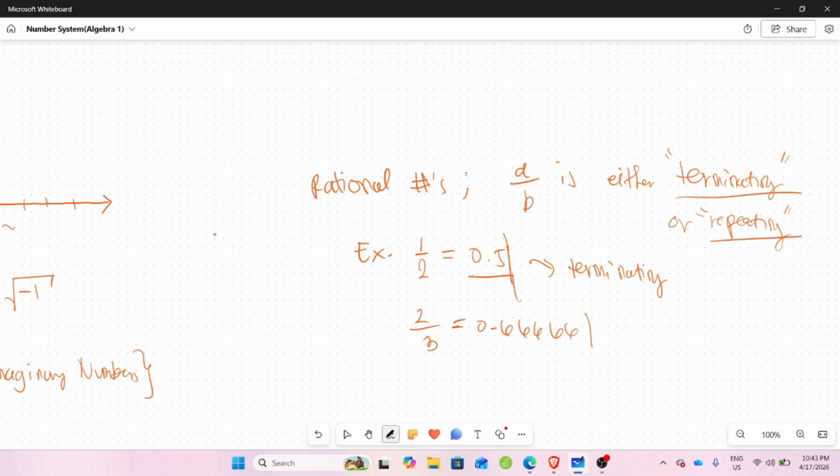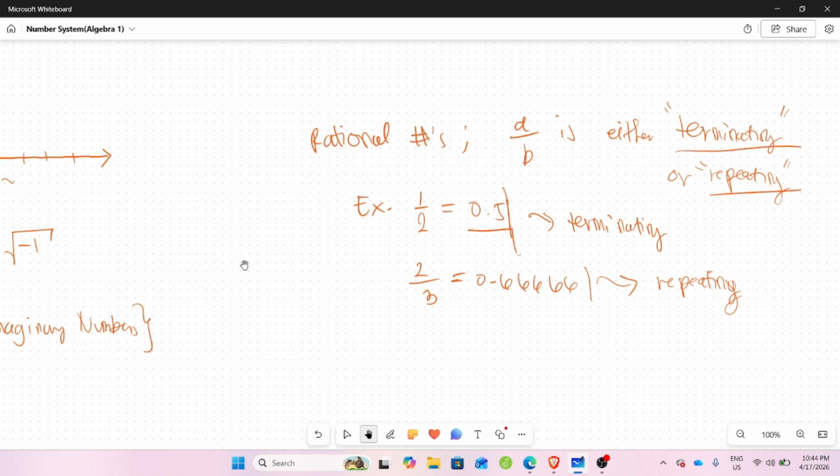So this is an example of repeating. In short, this is the easy way for us to determine if a number is rational. Just look at whether it is a terminating number or a repeating number. If it belongs to either of these two, terminating or repeating, then that is a rational number.